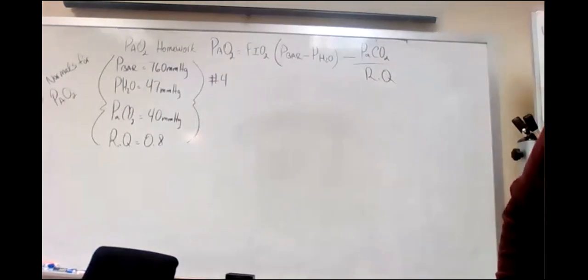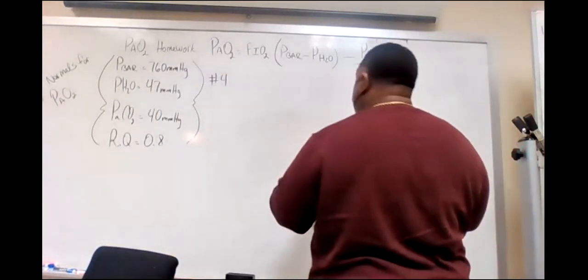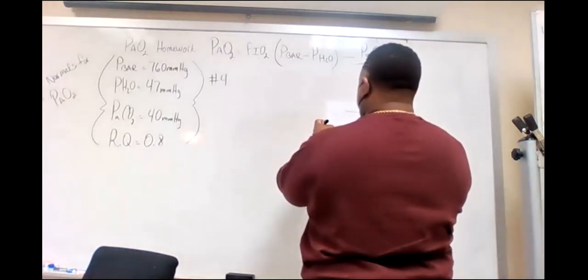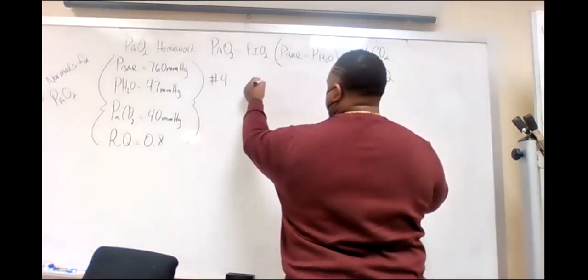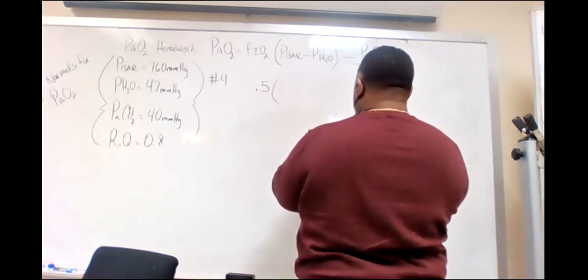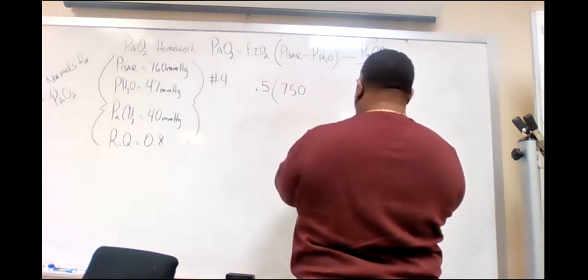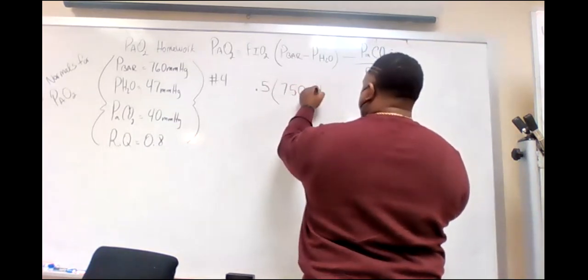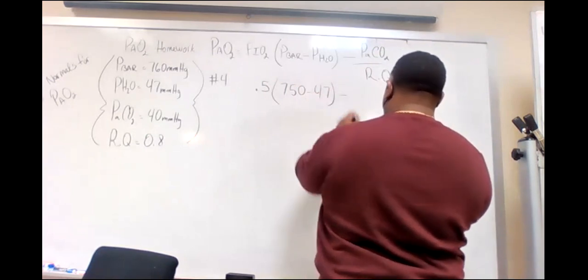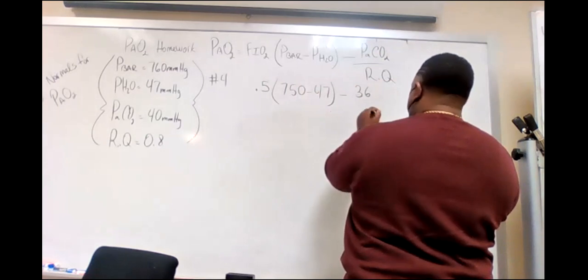All right, so another one is number 4. Number 4 says FiO2 of 50%, so 0.5 times the P-bar of 750 minus the water pressure of 47, minus CO2 of 36, divided by the respiratory quotient.